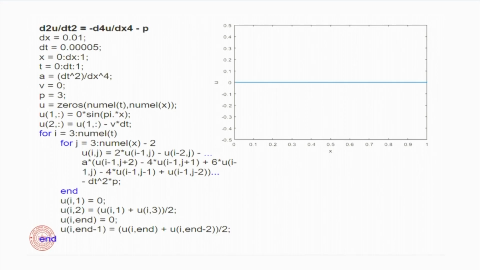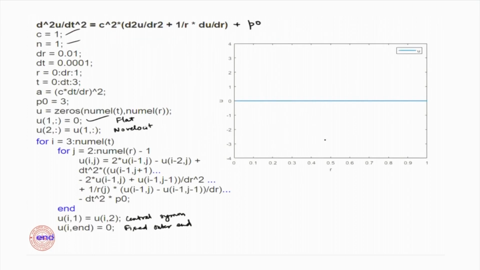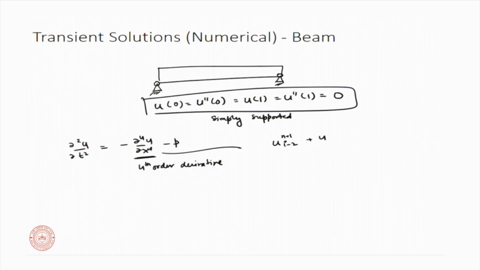So, you can see that this derivative will go from u for a given n plus 1 at i minus 2, minus 4 of u n plus 1 at i minus 1, plus 6 u n plus 1 at i, minus 4 u n plus 1 at i plus 1, and plus u n plus 1 at i plus 2.